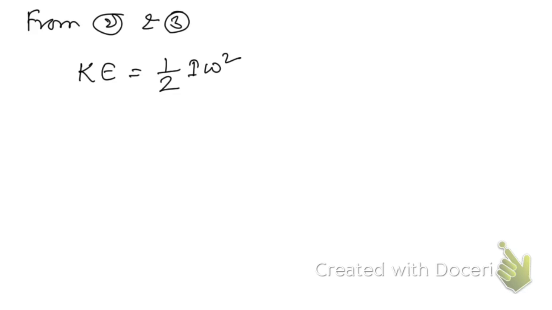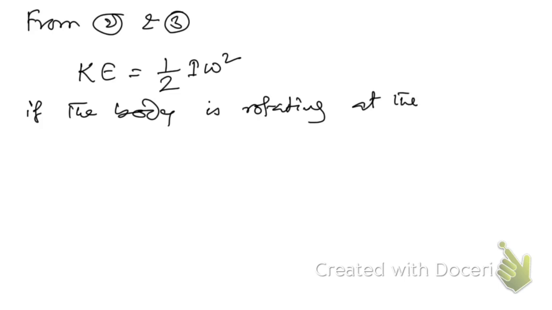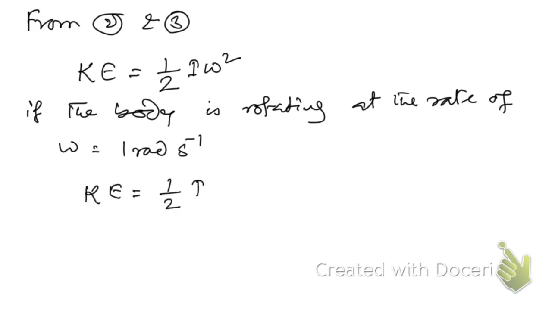So you can show it as half of the moment of inertia if the body is rotating at the rate of omega equal to 1 radian per second. Then the kinetic energy will be half of I. If you replace this omega by 1, then you're going to get that. So hope you have understood this.